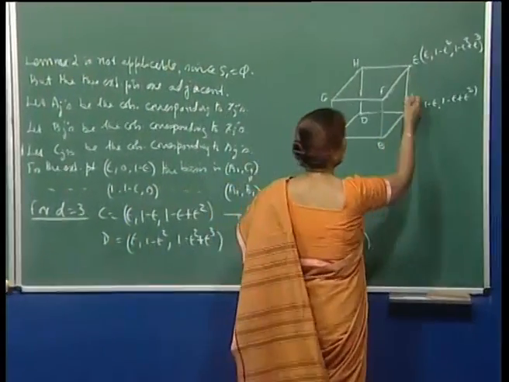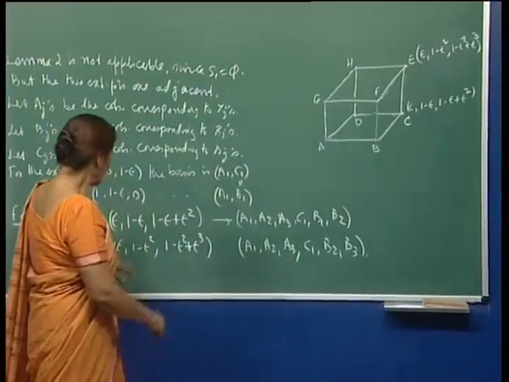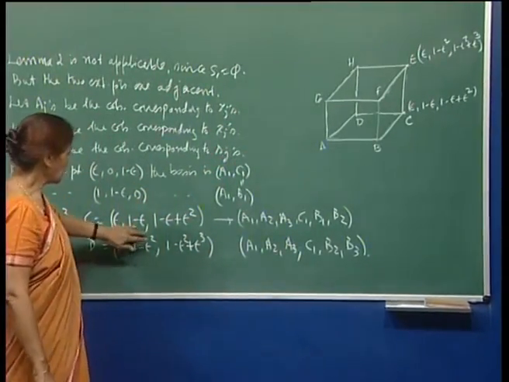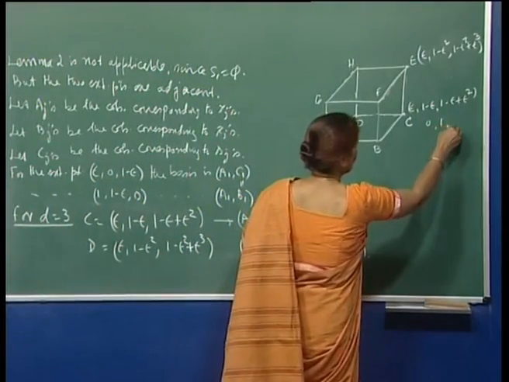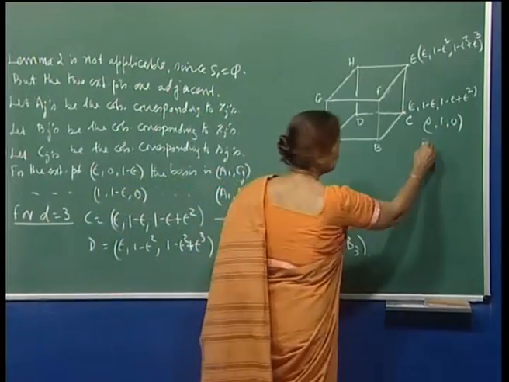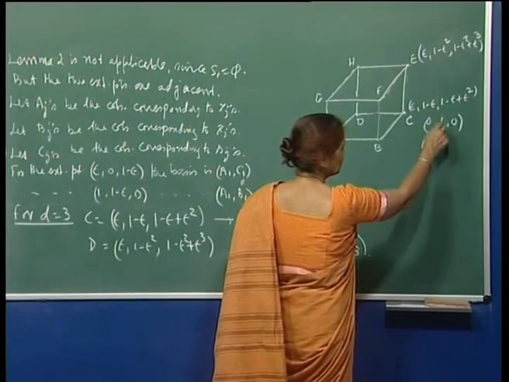Now, for D equal to 3, I just picked up these two extreme points, and you can then verify the theorem for other points also. Here, for example, the point C is epsilon, 1 minus epsilon, and you know that this point is actually 0 1 0. So I will take R2 to be in the basis, and the corresponding set S I will take as 0 1 0.